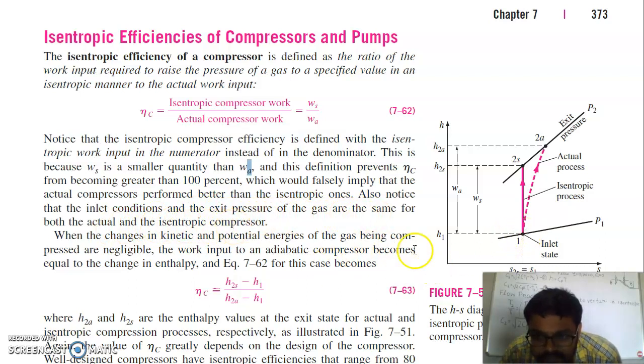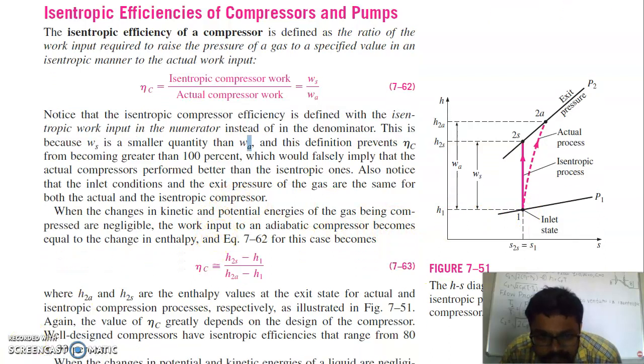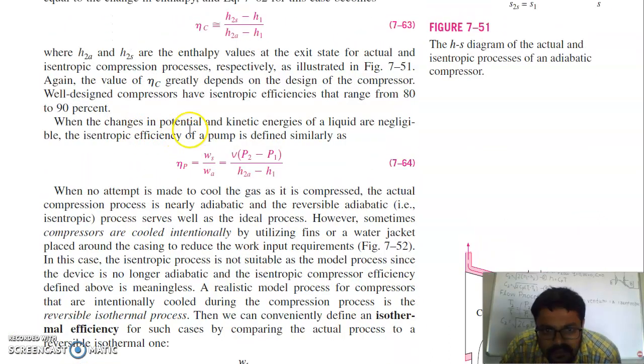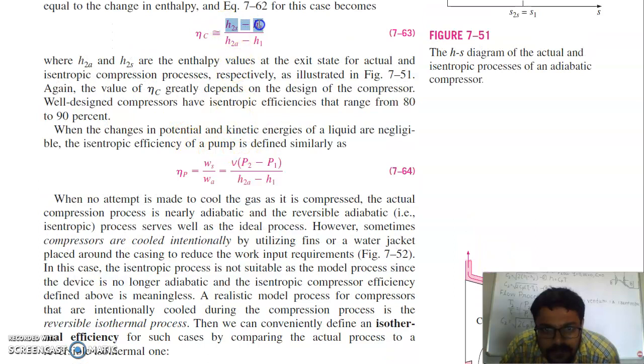Inlet condition is the same here for both the cases. So you can also replace this work of compressor with V into P2 minus P1. When no attempt is made to cool the gas as it is compressed, the actual compression process is nearly adiabatic, and the reversible adiabatic process serves well as the ideal process.